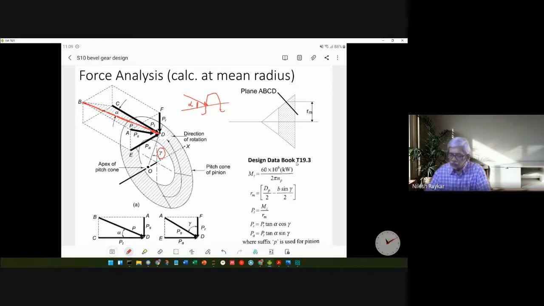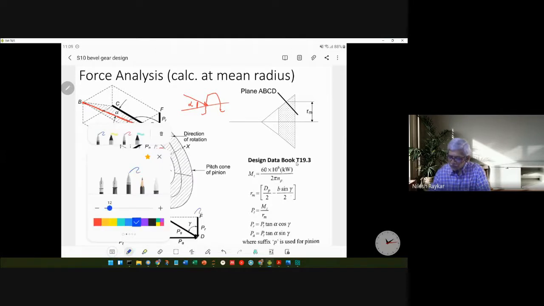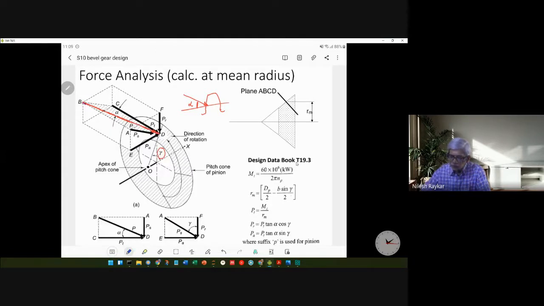So what hatch plane you see here, I'm talking about this plane, the blue colored plane which I have drawn here.